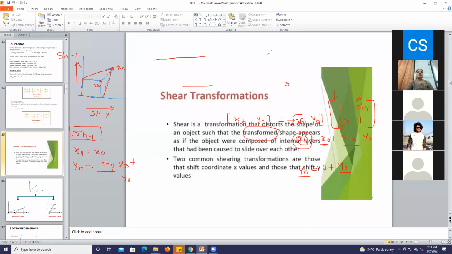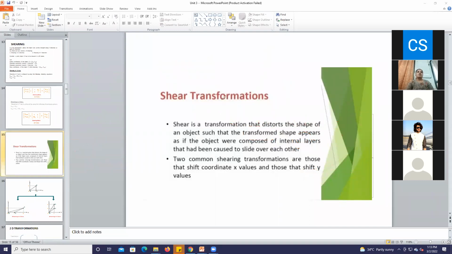So shear transformation distorts the shape of an object. So that is very important, that we are going to distort the shape of the object such that the transformed shape appears as if the object were composed of internal layers that had been caused to slide over each other. So just now we have seen the diagram that I have already drawn.